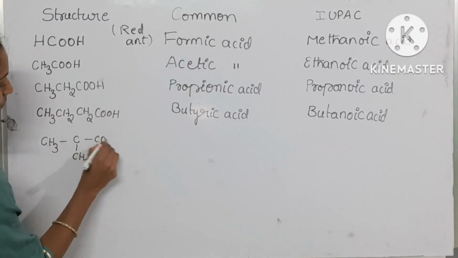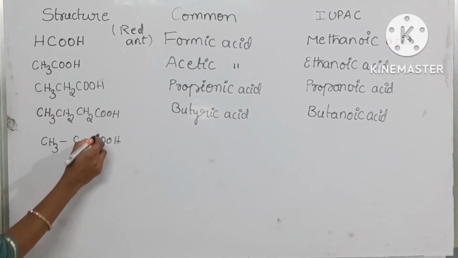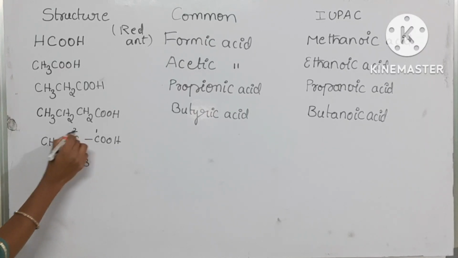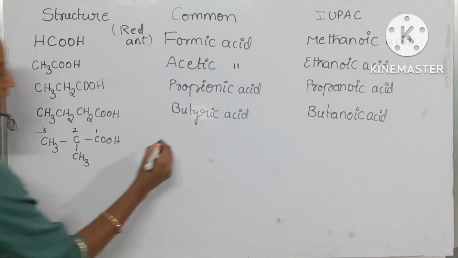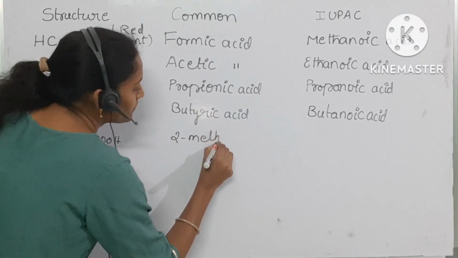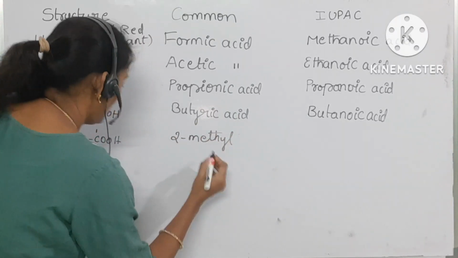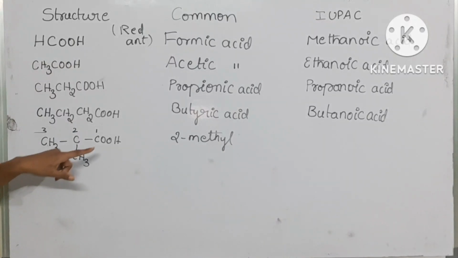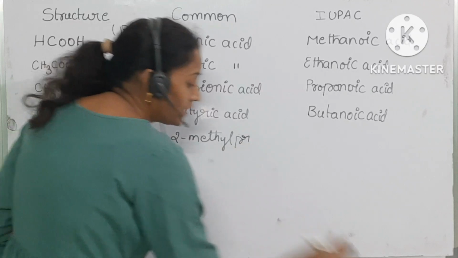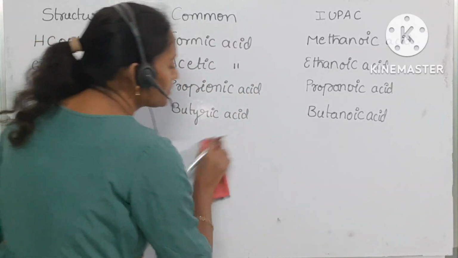Here we should give number 1 to the carboxylic carbon, this is 2 and this one is 3. Here, 2-methylpropanoic acid. The straight chain is propanoic acid. This is the IUPAC name, not the common name.